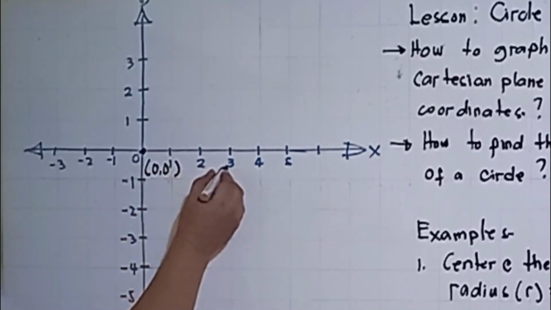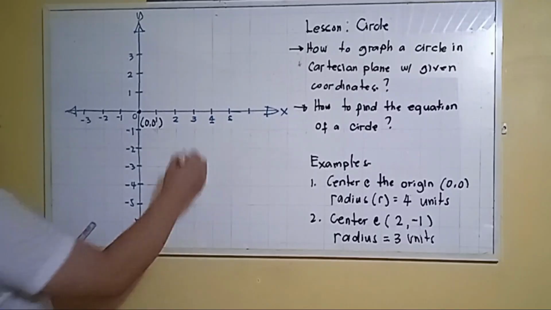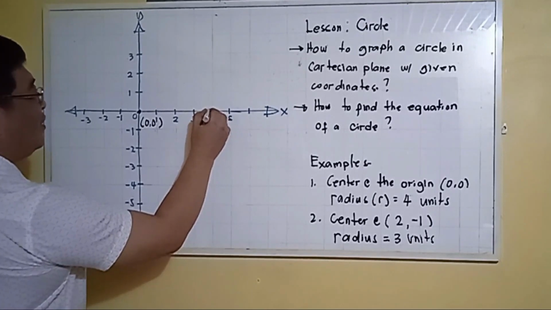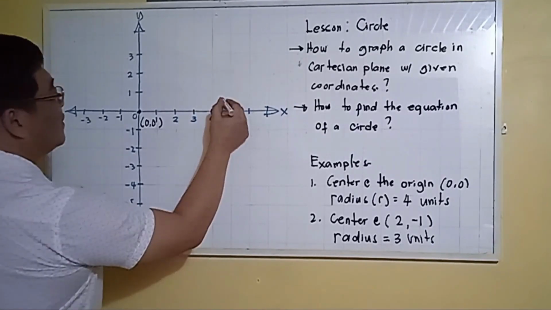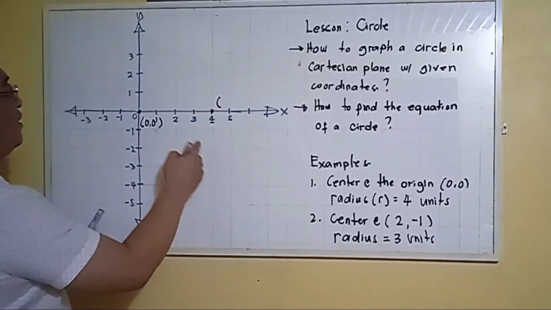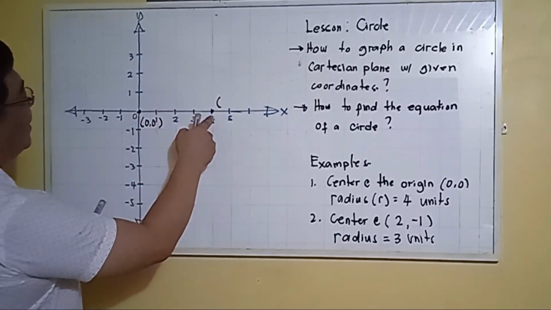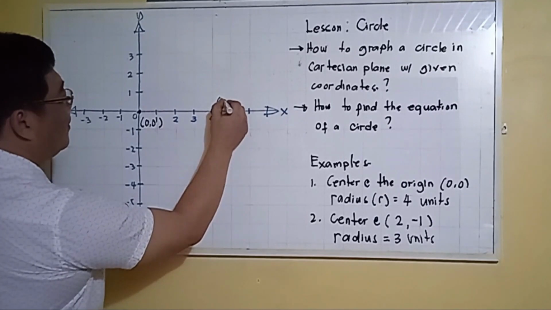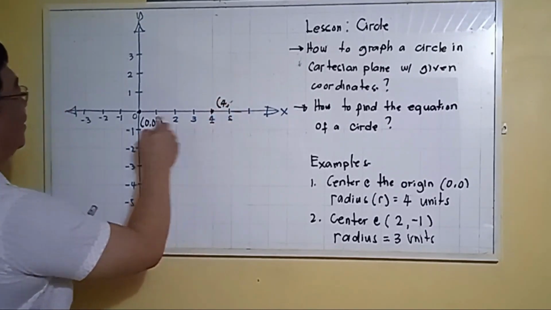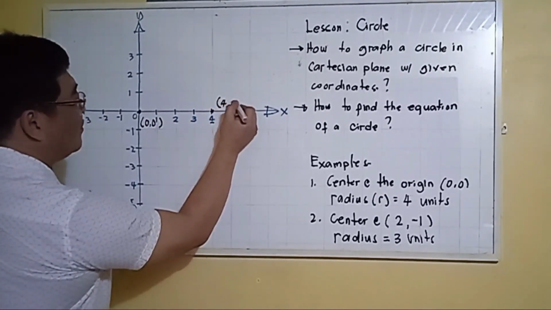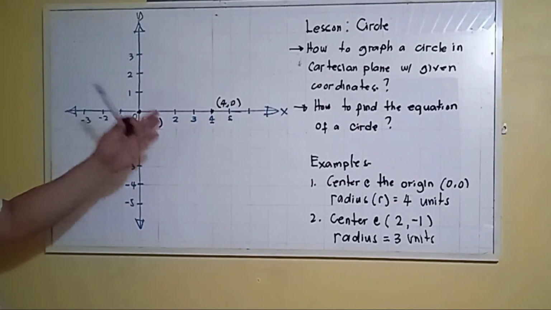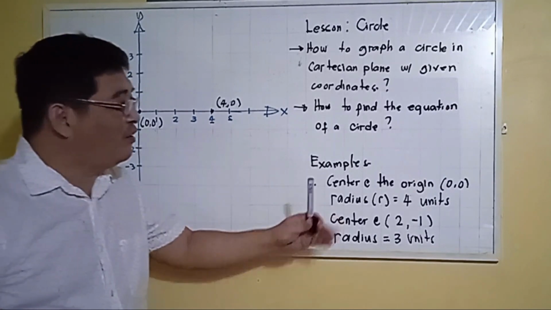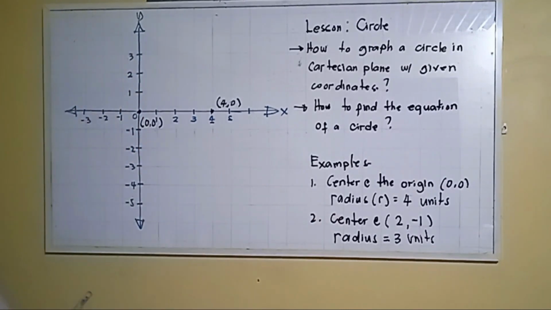1, 2, 3, 4. So, kukunin natin yung point natin na to na isa sa mga points ng circle. Lagyan natin ng coordinates. Ang coordinates niyan is x is equals to 4, and then yung y is 0. So, meron na tayong first coordinate ng circle na tinatanong dito sa example number 1.